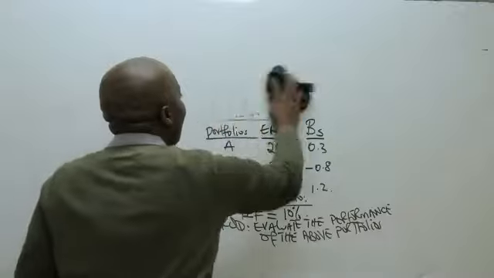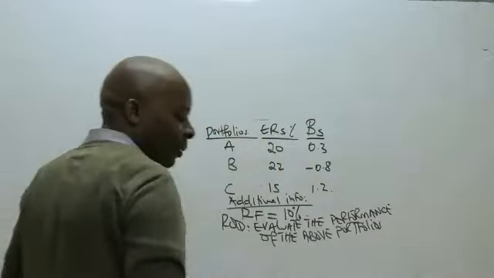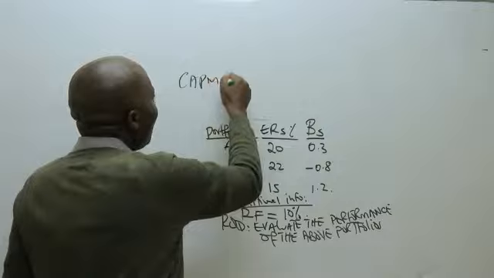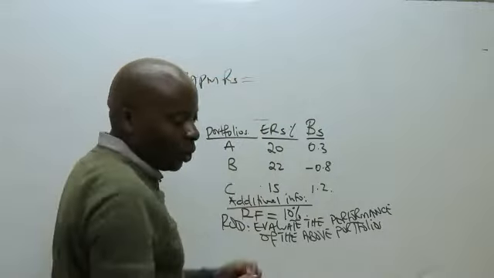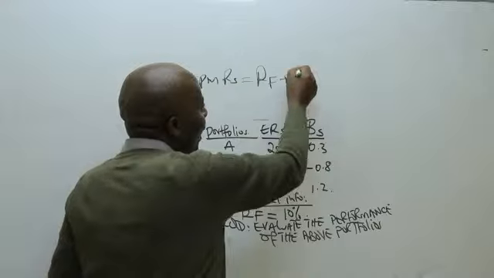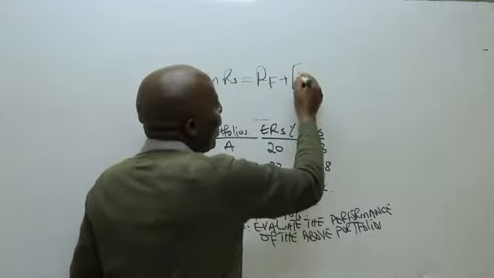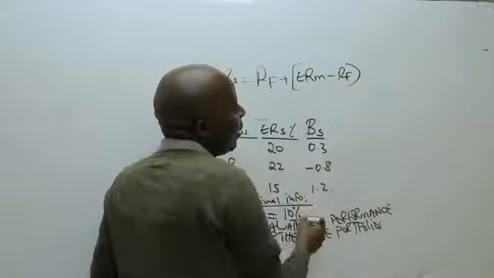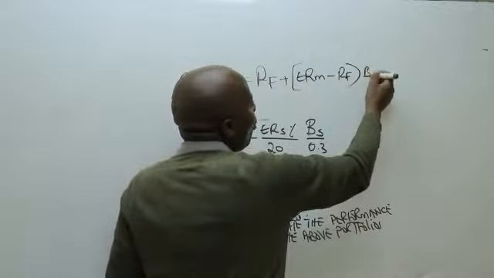So CAPM returns, what do we have? CAPM returns of a security will always be given by taking the risk-free rate of return plus expected returns of the market minus risk-free multiplied by beta of a security.